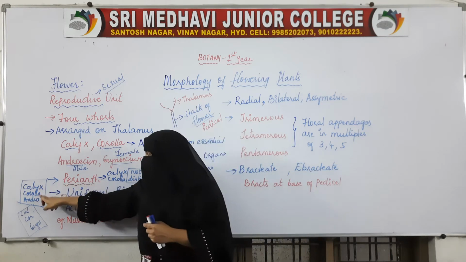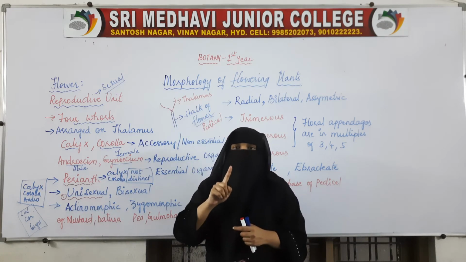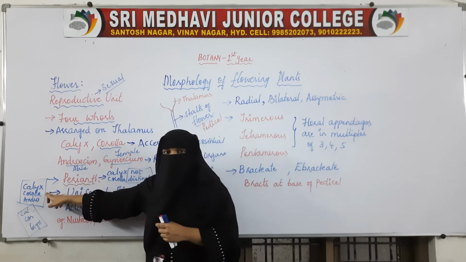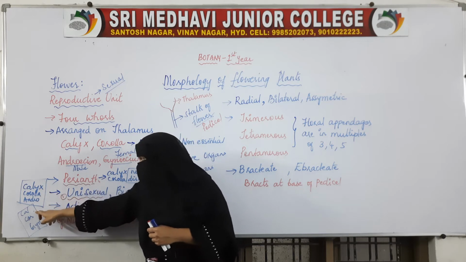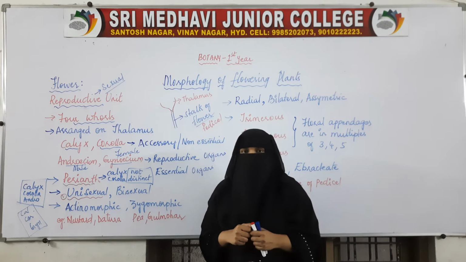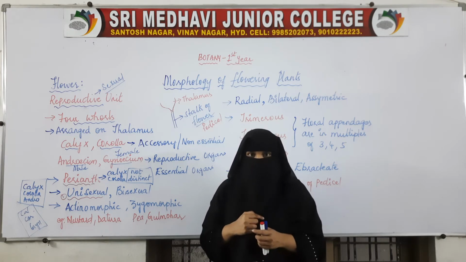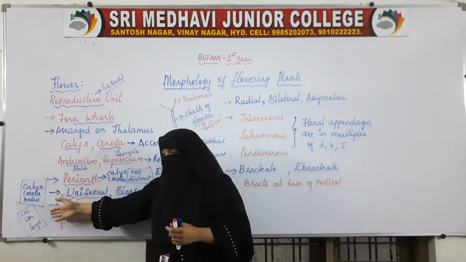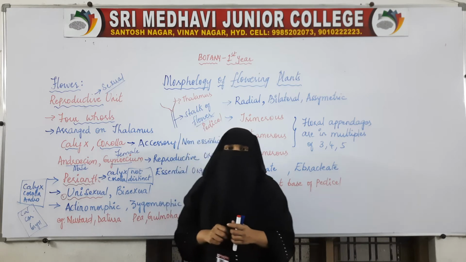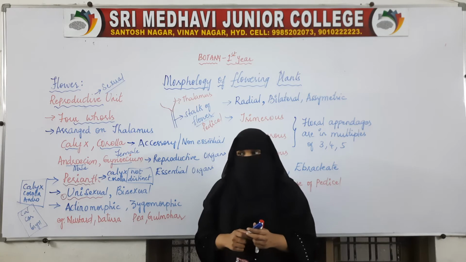In calyx, corolla and androecium, only one reproductive organ, the male reproductive organ, is present. So this is a unisexual flower. If it has calyx, corolla and gynoecium, it is also a unisexual flower because only one reproductive organ is present. Both are unisexual flowers, but we have different terms for them.